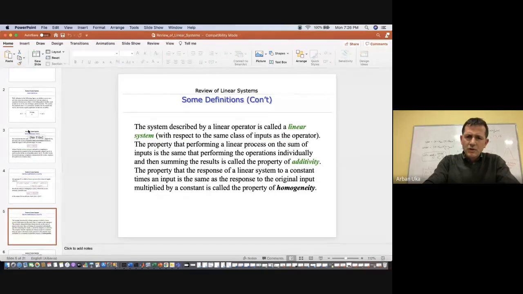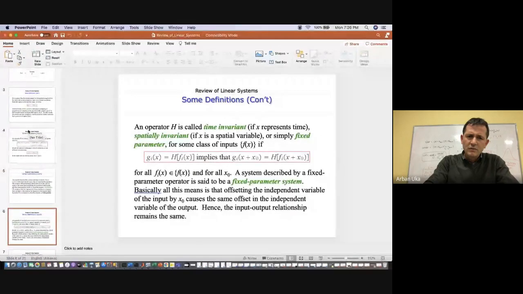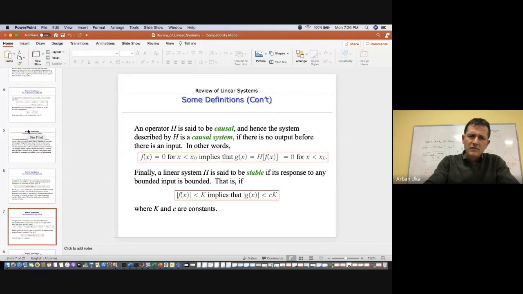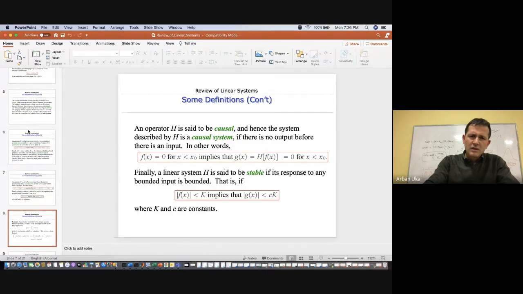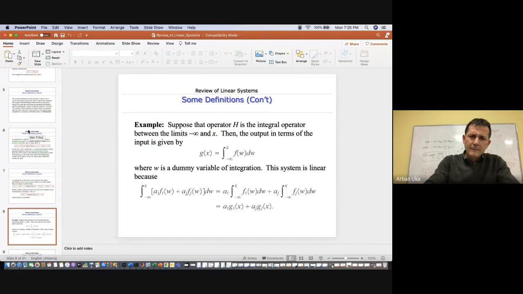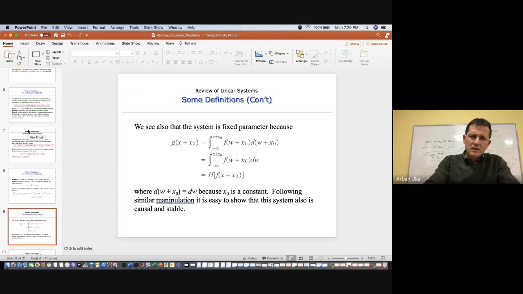So there is a property of additivity, which we saw in the previous slide. A linear operator can be time invariant if it satisfies some principles. Now here we see the integral, which in principle is equivalent to summation.